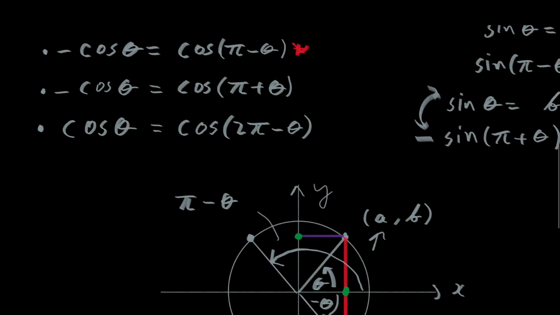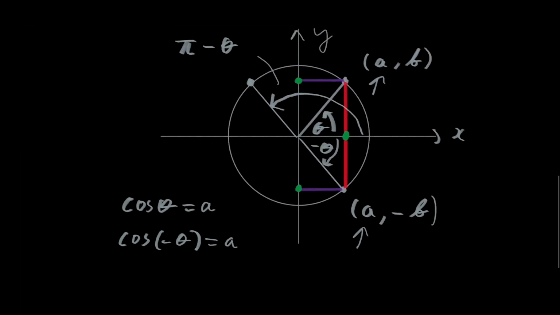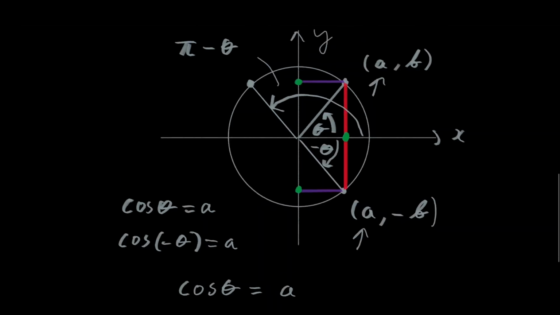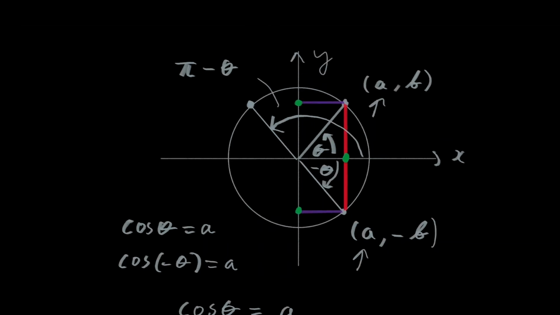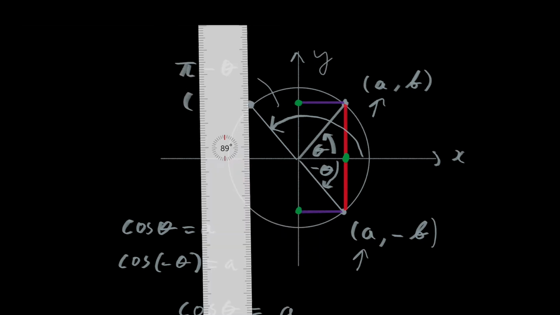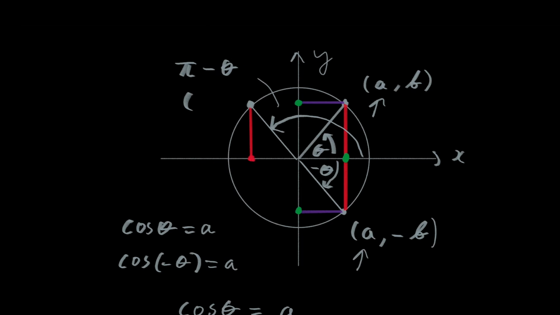Yes, that's the identity we are doing. So we know that cosine of theta is equal to a. What would be the components of this point here? Well, since everything is symmetric, it would intersect the x-axis at negative a. So that there would be the x value negative a, this green blob here on the x-axis.